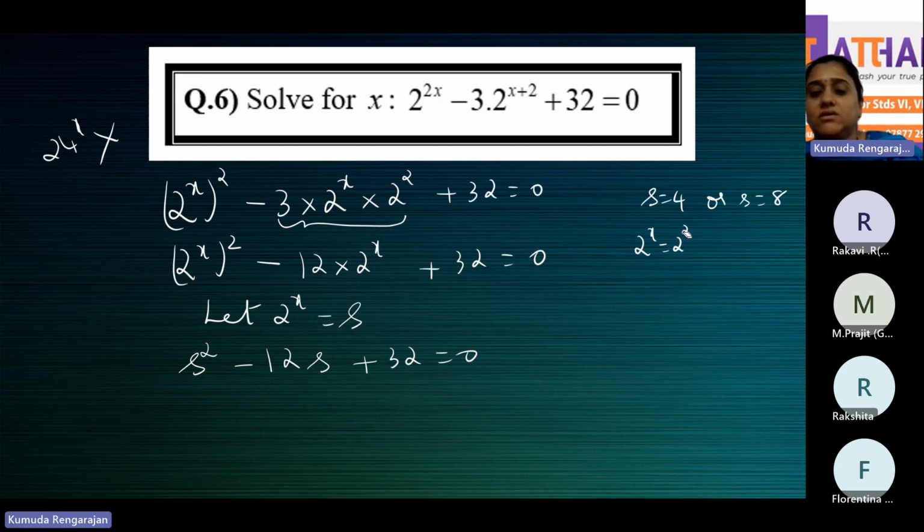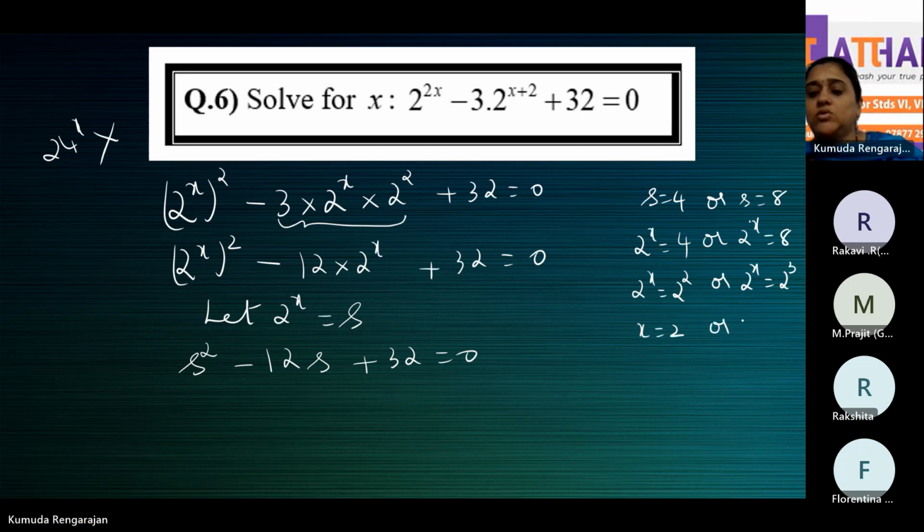When bases are the same on both the sides, you can equate the powers. So you get X is equal to 2, or 2 to the power X is equal to 8. 2 to the power X is equal to 2 cubed, so X is equal to 3.